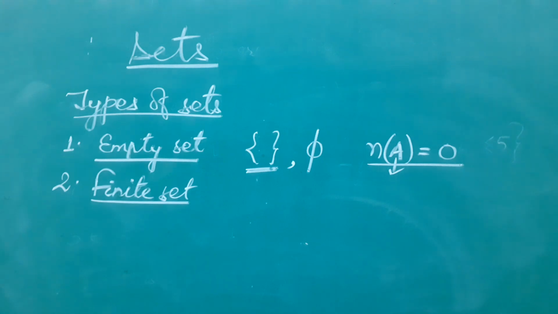So in a finite set, the number of elements will be fixed, definite.